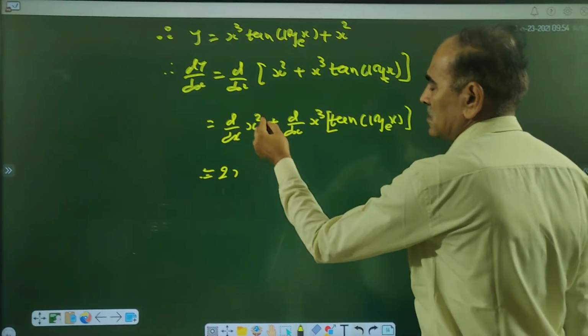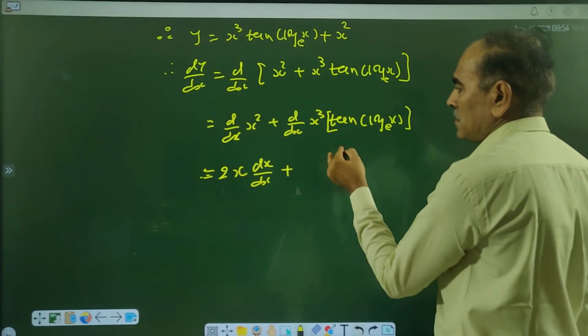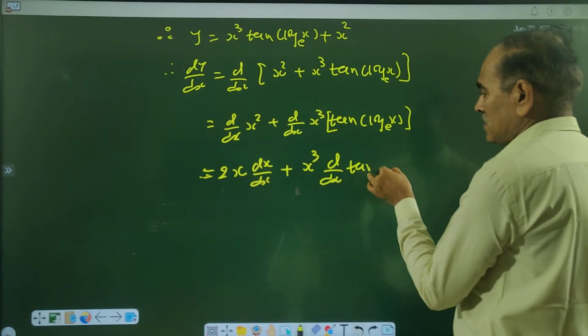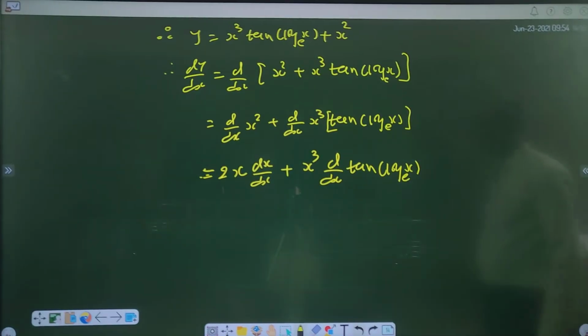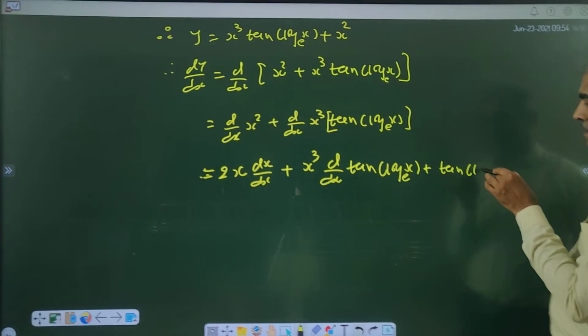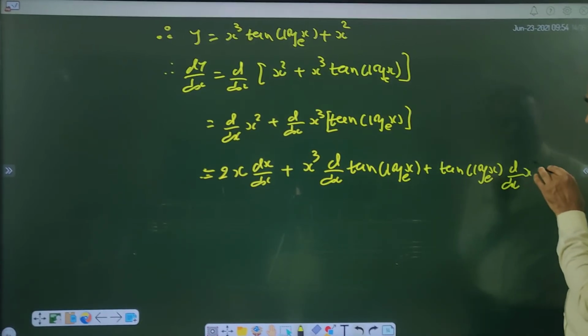That is equal to something square, 2 times something, d by dx of something. Product rule: first function x cube as it is, d by dx of tan of log x by z, plus second function as it is, tan of log x by z, d by dx of x cube.